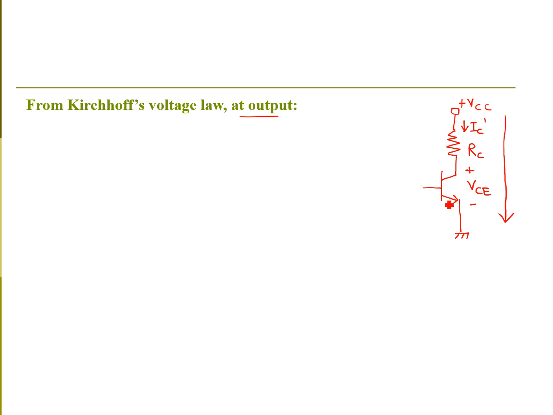The equation is VCC minus IC dash RC minus VCE is equal to 0. And IC dash is nothing but 1 plus beta times IB, which is same as IE, and IE is approximately equal to IC for your CE configuration transistor.